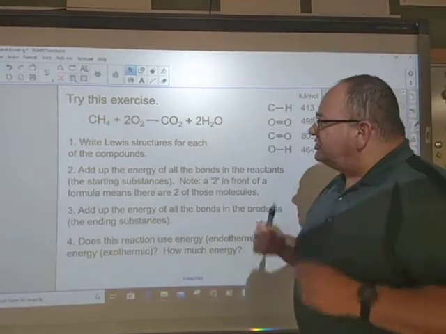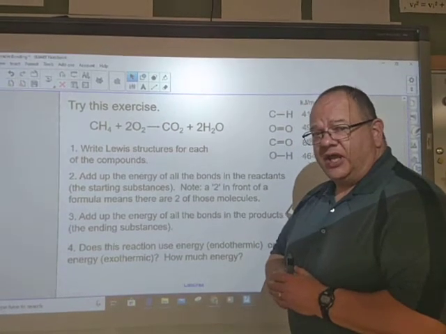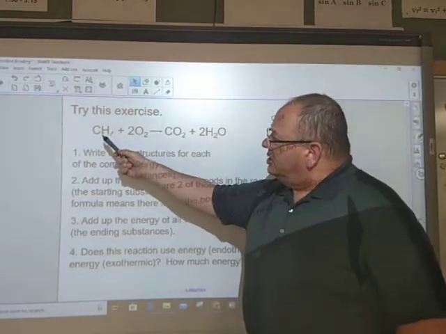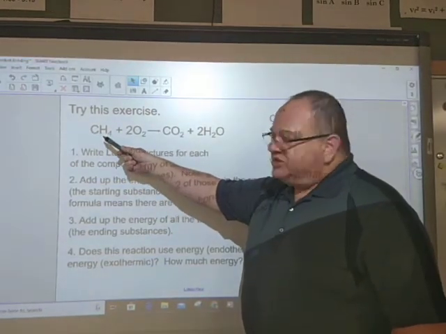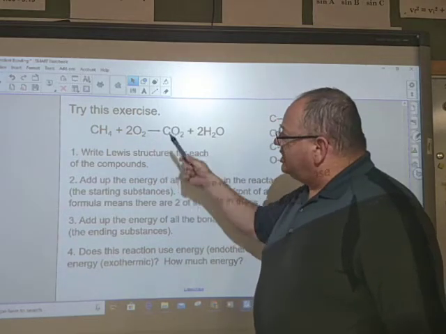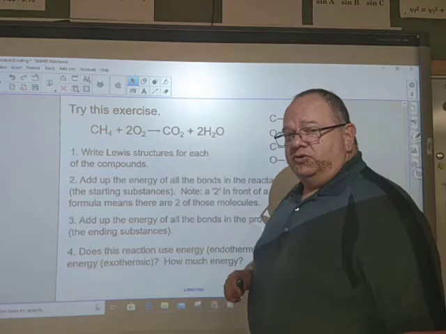So this was the exercise that I had put up on the board at the end of the video yesterday, and I had asked you to work on. So I gave you this equation. Methane is CH4, combines with oxygen, 2 molecules of oxygen, to form a molecule of carbon dioxide and 2 molecules of water.